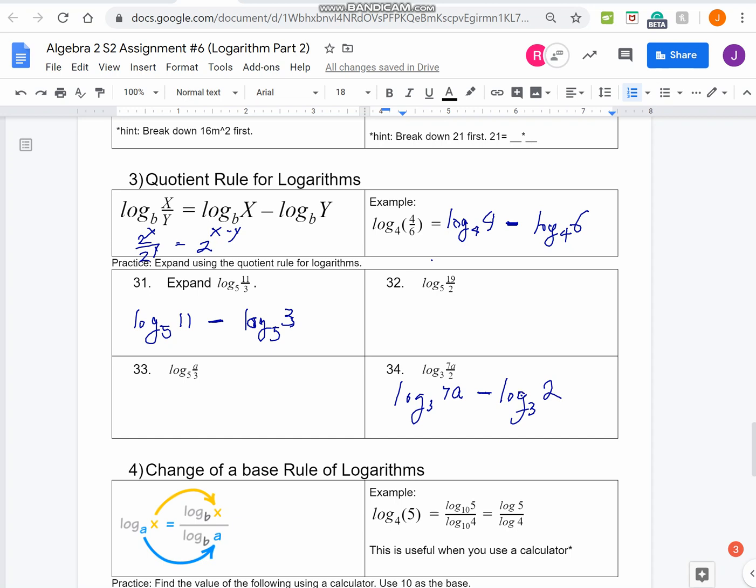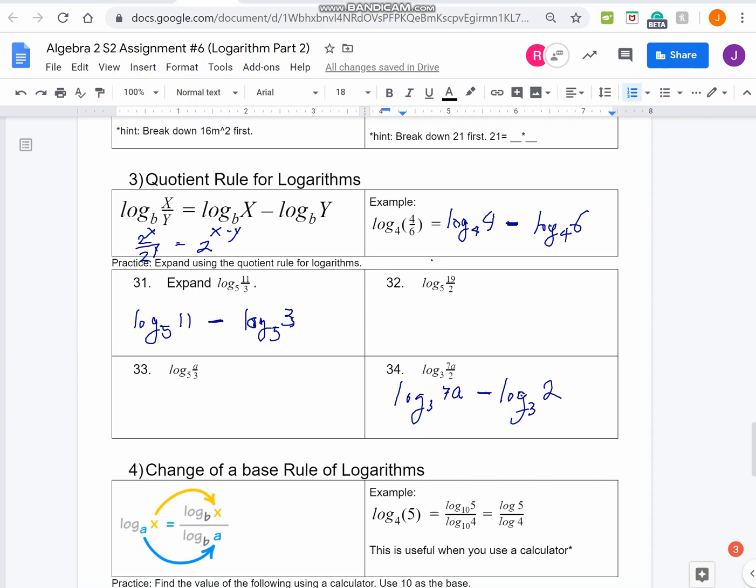But I will challenge you to do one more step. Since 7a is 7 times a, can I apply another rule on this one? All right, so log base 3 of 7 times a, what kind of rule is that?